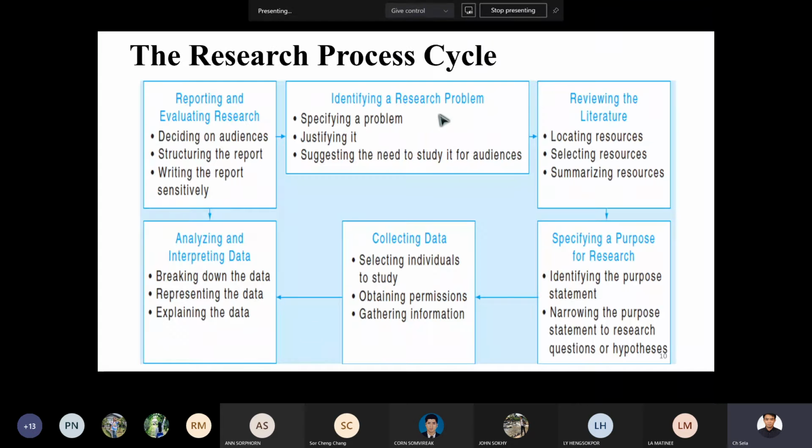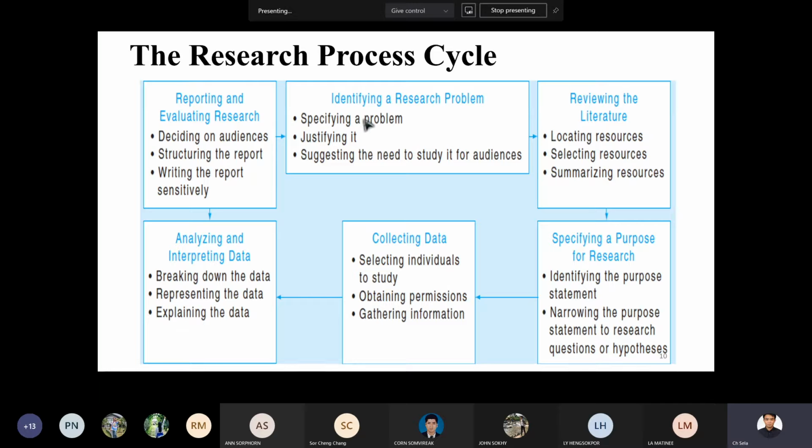Or sometimes those problems are suggested by other researchers. They said, okay, we have done this number of studies and found similar problems from different places, but we encourage other researchers to do research on that particular topic. Okay, what are the problems? They are written in those articles or books.